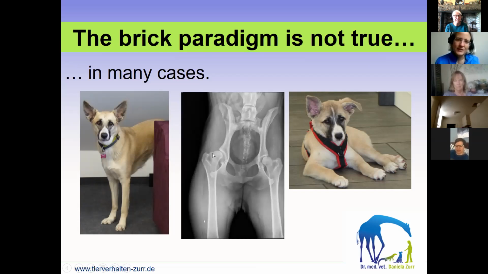You can see that on this side, the hip is worse than on the other side. But the important point here, when we talk about brick or not, is that this is obviously not a trauma. This is a dog that had some problems from the beginning. And what's interesting and not correlated to the hips directly is that she also has a very weak gastrointestinal system.